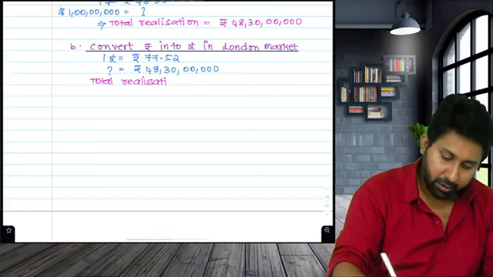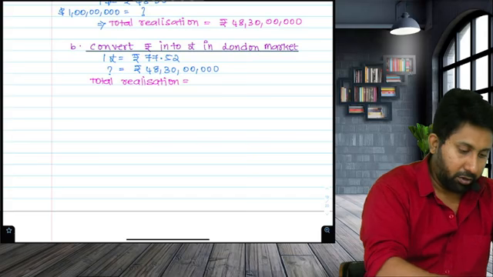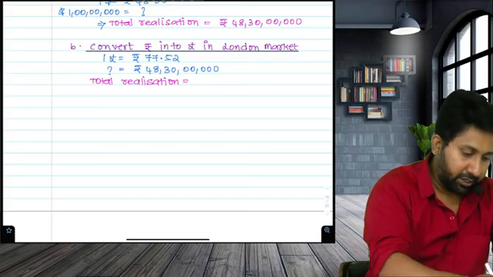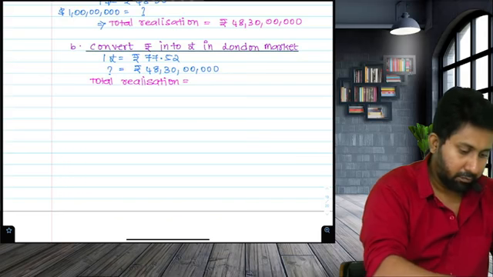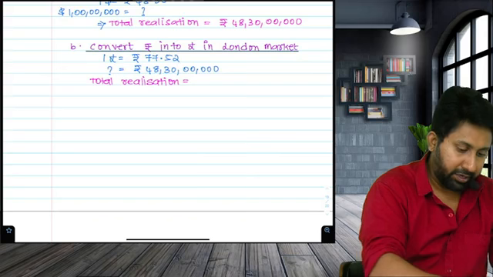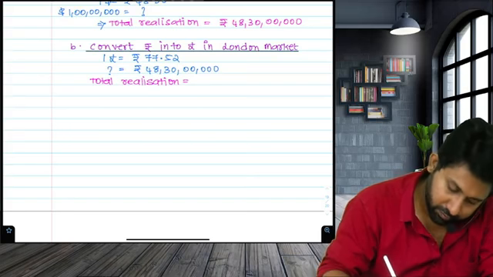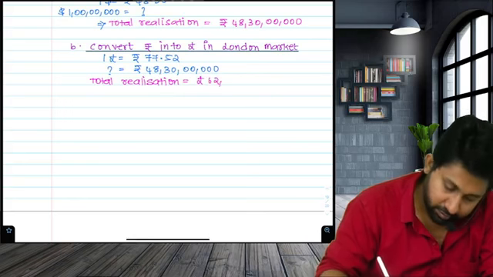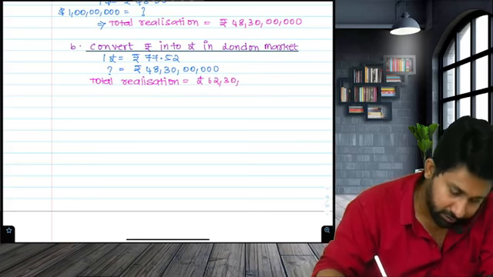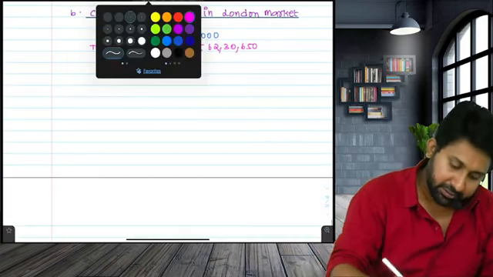Total realization equals 48 crore 30 lakhs divided by 77.52. It comes to pounds 62 lakh 30,650.